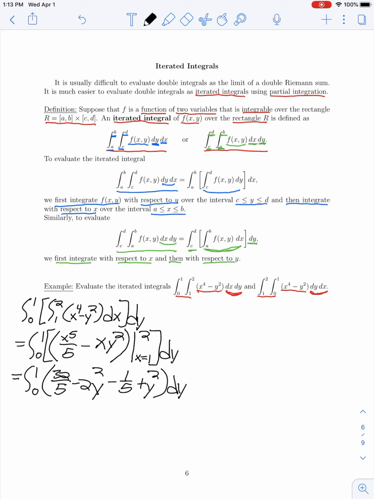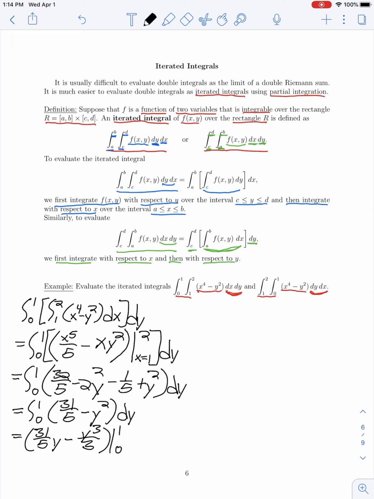And then we subtract what we get when we plug in 1 for x, which would be 1/5 minus y squared, but since we're subtracting that value, we would have a plus y squared, and we're then integrating with respect to y. So simplifying a little bit before we integrate, we have the integral from 0 to 1 of 31 over 5 minus y squared dy.